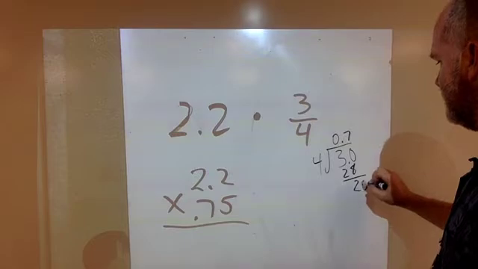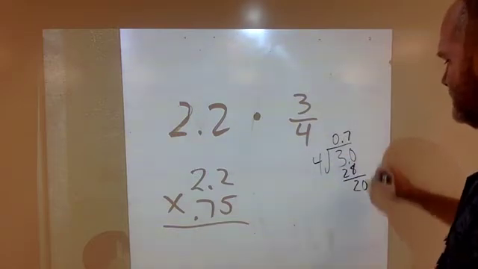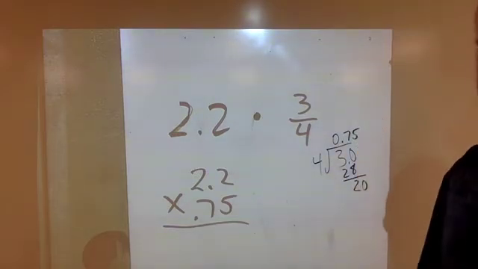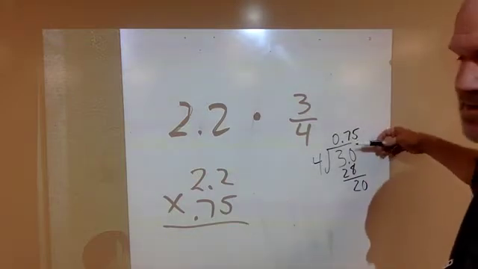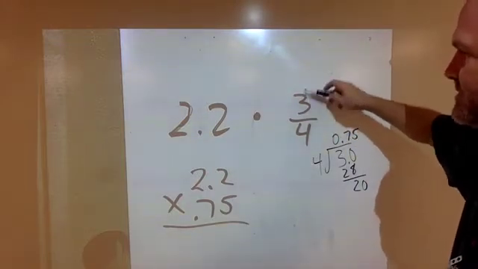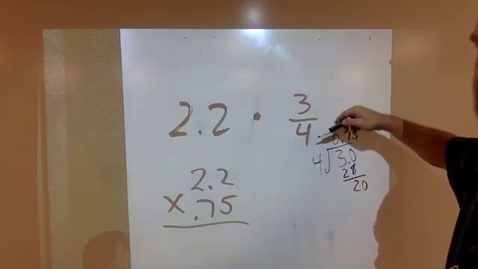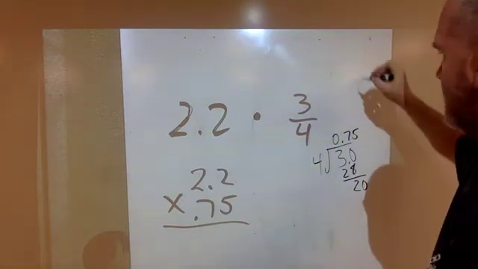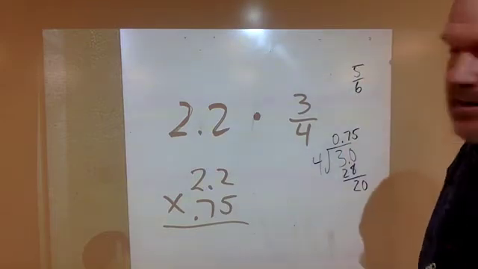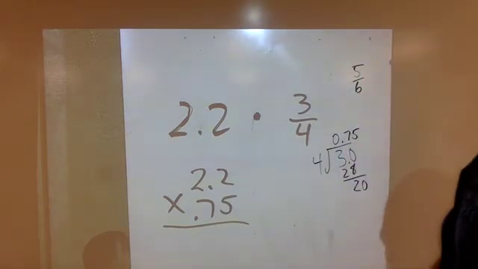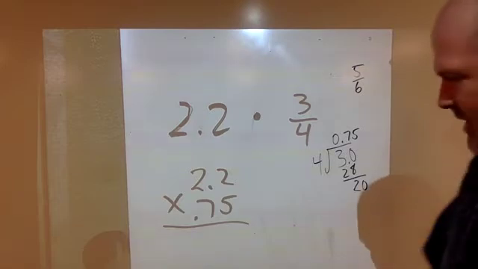Bring down another 0, and 4 goes into 20 even 5 times, so you get 0.75. And you may have to do that, because not all your fractions are going to be something that you just already know in your head. Like it might be 5/6. I'm not even sure right off the bat what 5/6 is as a decimal, so I'd probably have to do the long division just like you guys will.